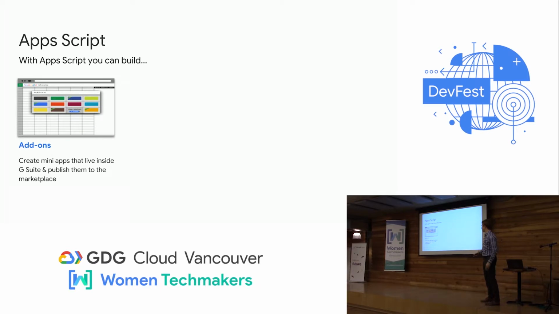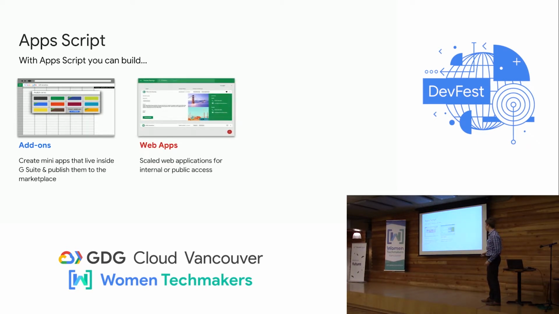Okay, so first, it's important to understand how you can use AppScript. There's 3 ways. One is you can build add-ons. These are like Chrome extensions that allow you to extend G Suite. So in Google Sheets or Google Docs, you can create a little sidebar and create whatever web application you want in that. And you can also publish them to a marketplace that we have.